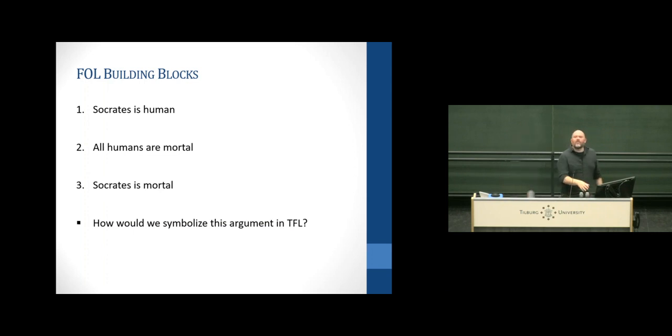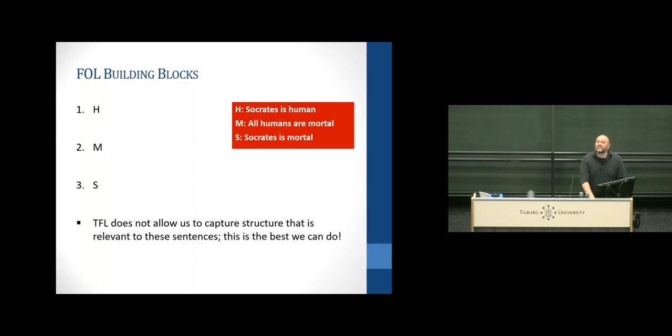But think about, how would we symbolize this into TFL? Put another way, do the premises tautologically entail the conclusion? I won't keep you in suspense for very long, but the problem is they don't. Because if we symbolize this into TFL, we have to treat each sentence as an atom, because remember, that's the basic unit of TFL.